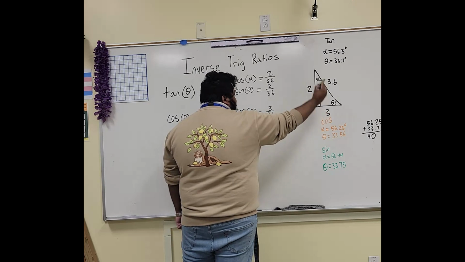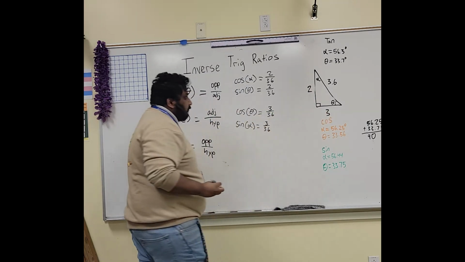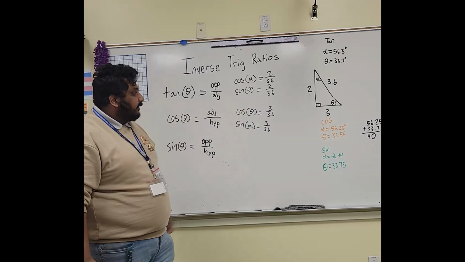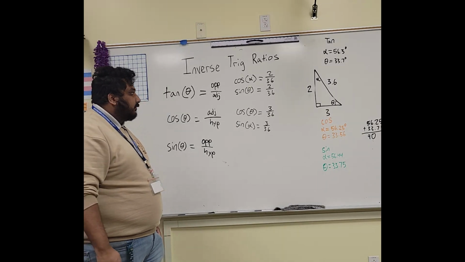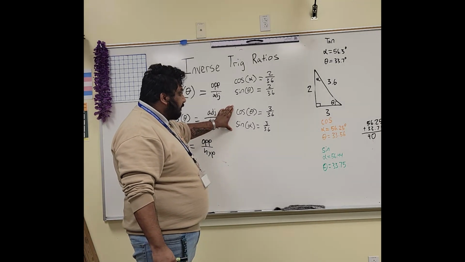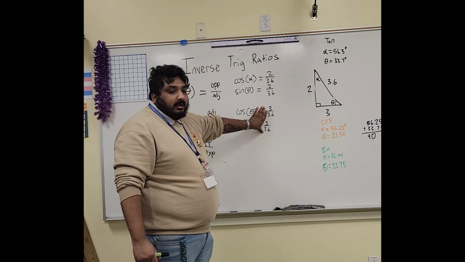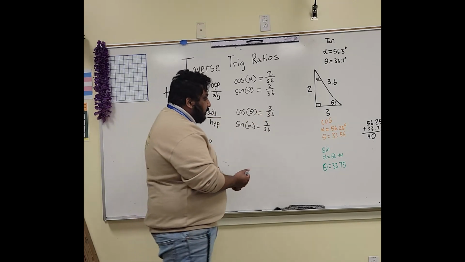Now that's 3 divided by 3.6. Look at that. They also have the same ratio. So there's some connections there. When these trig functions end up having the same ratios, they're going to have complementary angles when you're using the inverse function to find them, right?